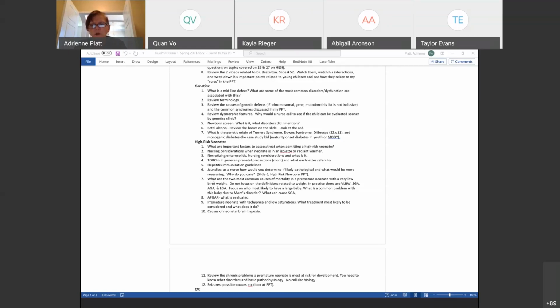Their skin is so thin, it's like paper, and if they get an open area, then they can get infected and they can get septic. So that's one of the leading causes, would be sepsis due to their skin. And then the other would be intraventricular hemorrhage. There's 4 stages. 1 isn't bad, but 4 is not good.